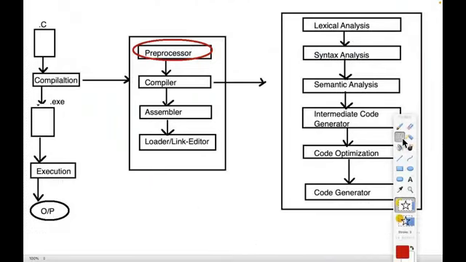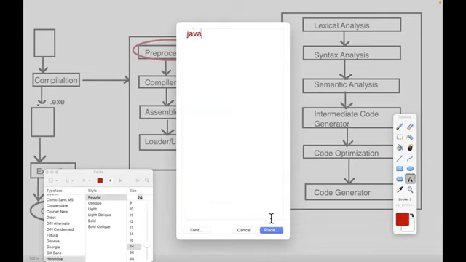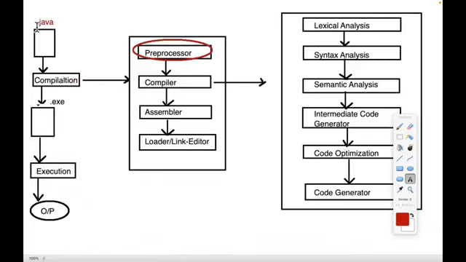Point number 1. If you want to make it a Java program, first of all we have to remove .c and provide .java in place of it. If we compile a C program, we get a .exe file.